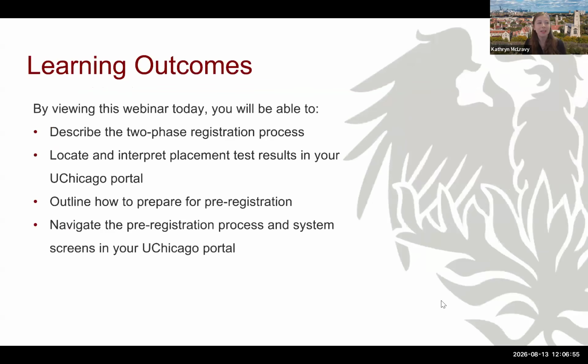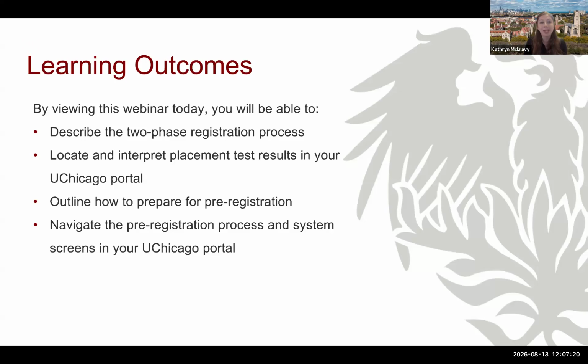Okay. And just quickly, as we get started with things, I'd like to share our learning outcomes that we would like to make sure you walk away with after our meeting together, so that you feel ready for next week. By viewing this webinar today, you'll be able to describe the two-phase registration process, starting with pre-registration and then add drop.